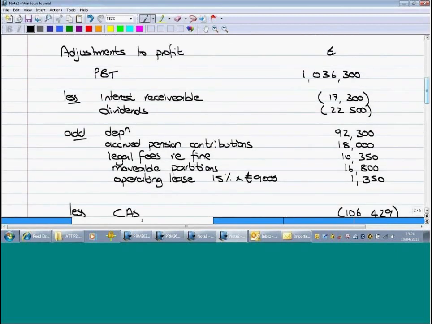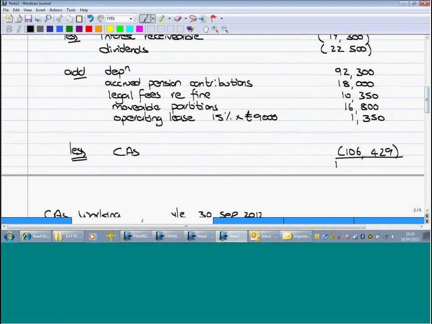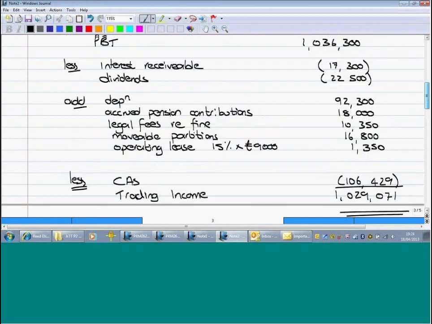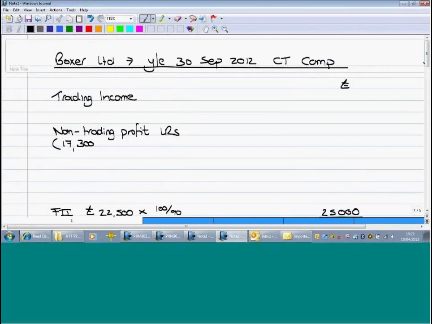So to save us a bit of time, if we were adding all of this up, we would end up with a figure of £1,029,071. And that is the trading income figure. And the beauty when you're dealing with a company is that that's it. There's no allocation to tax years. That's the figure that we're just going to take straight into our CT comp as trading income.